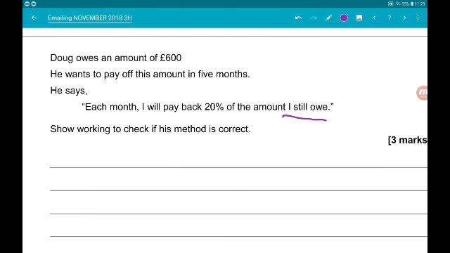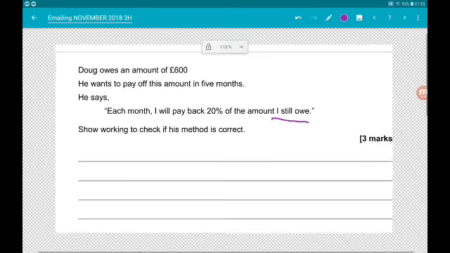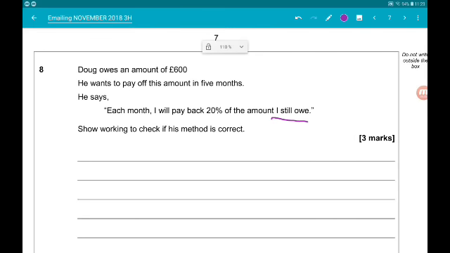Show working to check if his method is correct. Okay, so it's important to realise here, he's not saying he's going to pay back 20% of £600 each month. That would work, but he's not doing that. He's paying back 20% of the amount he still owes.